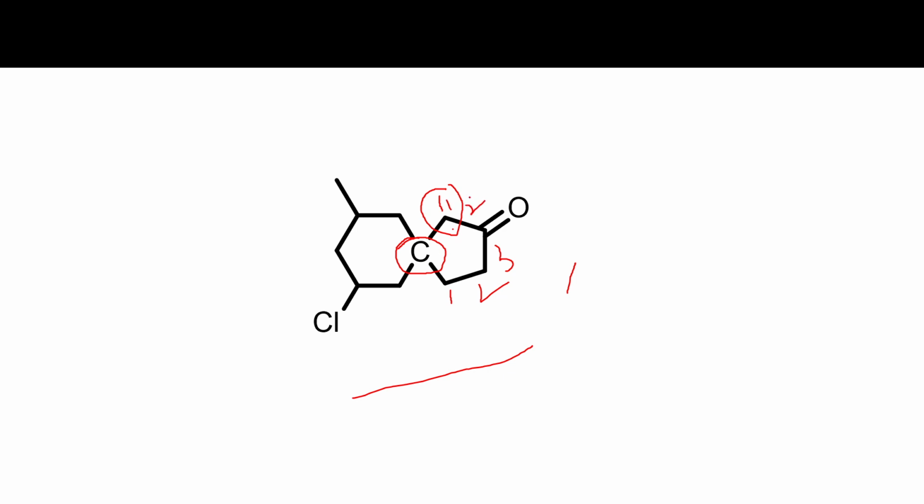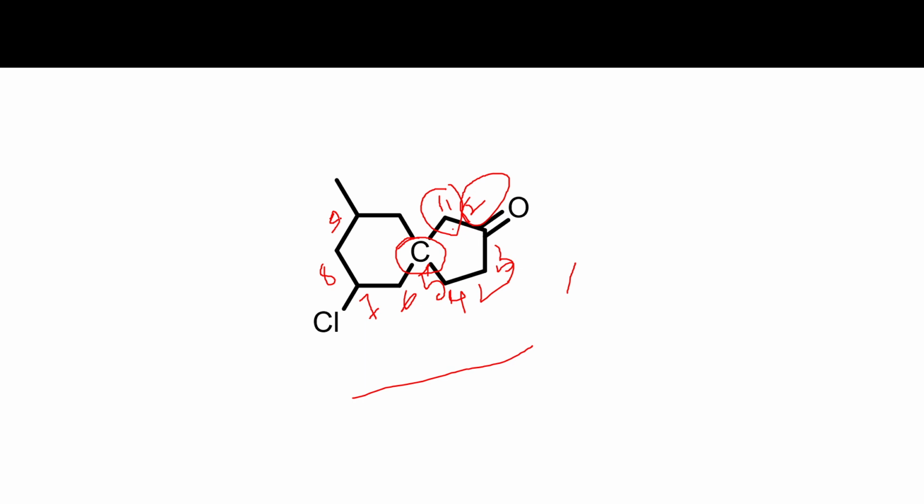If placed like this, the main functional group is at the number 2 position, so that will be more perfect. Then the rest will be the same: this will be 3, 4, 5, 6, 7, 8, 9. Like that you can number it.